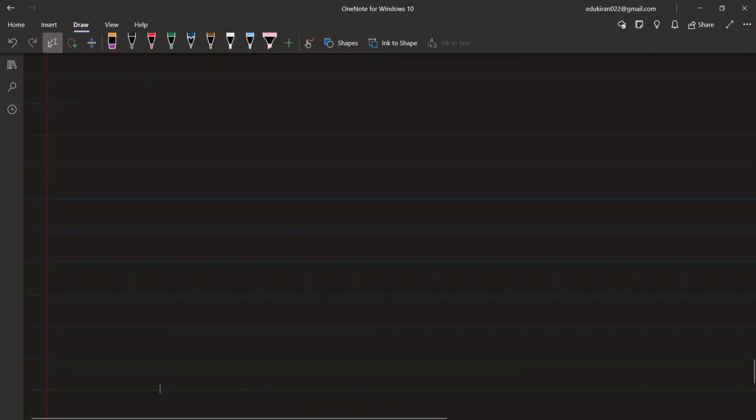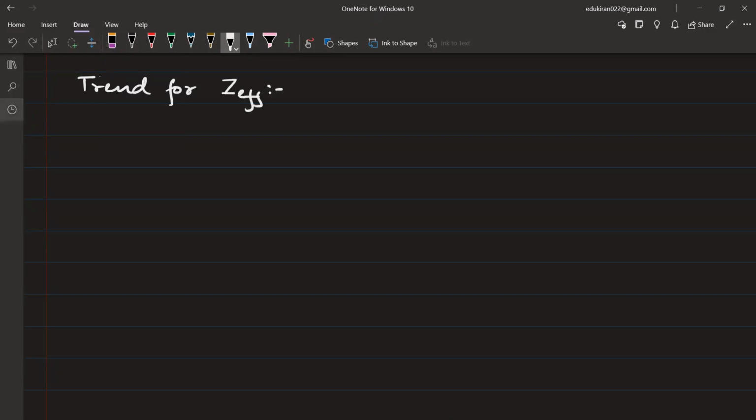Okay, so right, for Z effective, if I talk about the Z effective, the trend for Z effective. If I look at Z effective, then I can say that down the group, as we are increasing different shells, because down the group, what is happening?